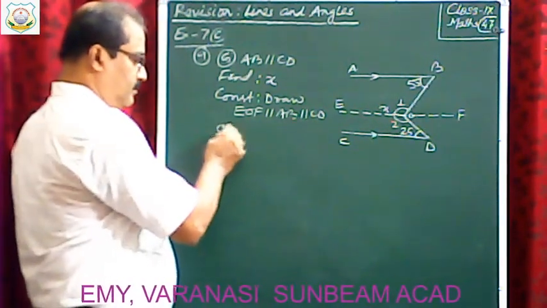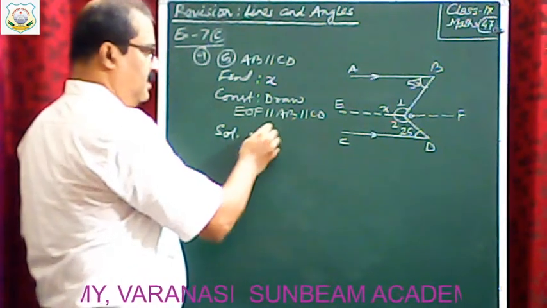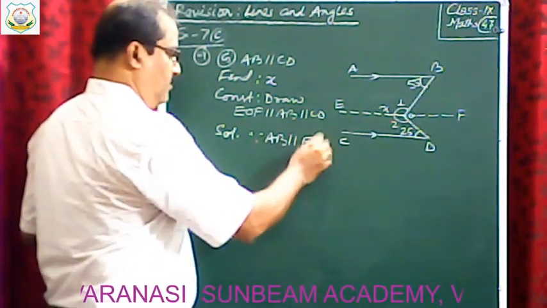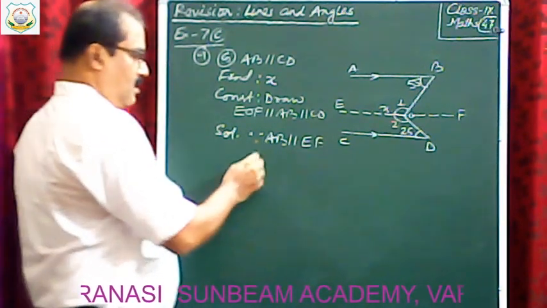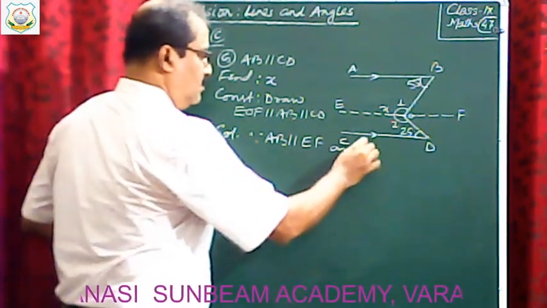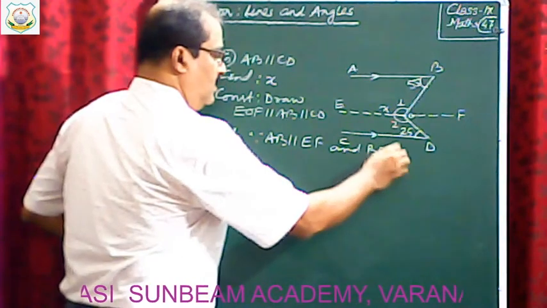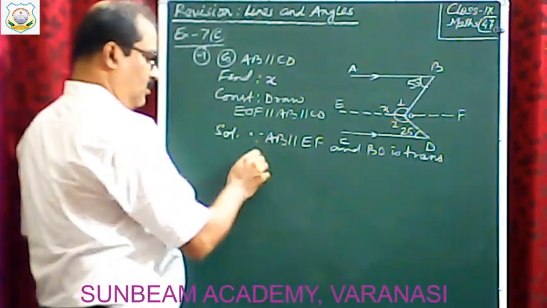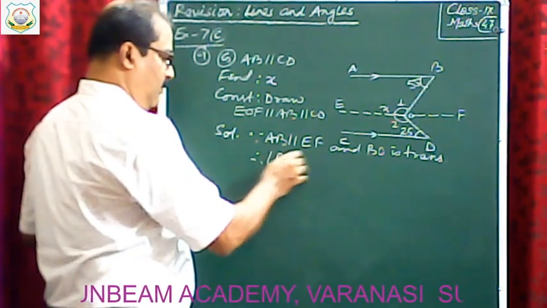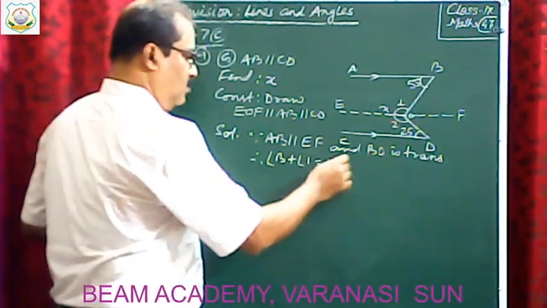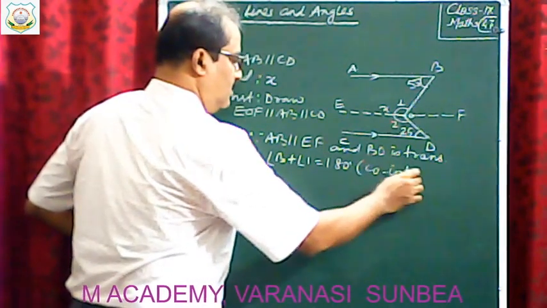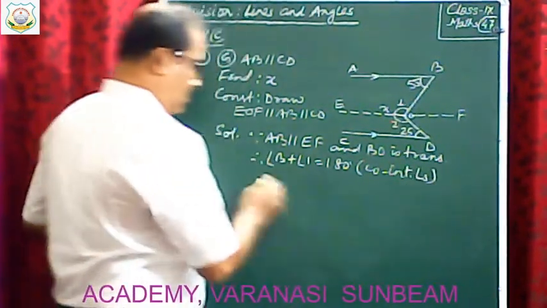Solution. Since AB parallel to EF and BO is transversal, therefore angle B plus angle 1 equal to 180 degree, co-interior angles.